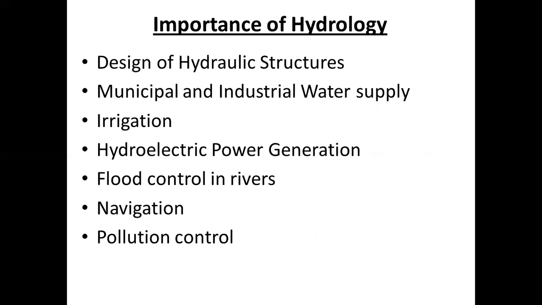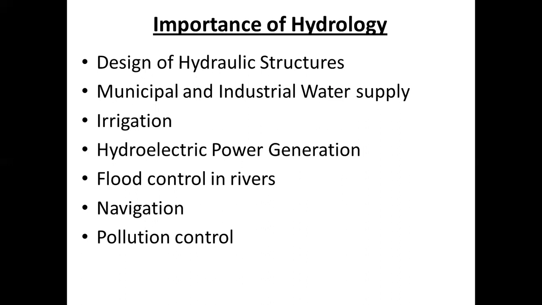So hydrology has various aspects. Okay, so the first aspect includes design of hydraulic structures. Structures such as bridges, dams, spillways, and all, they are in contact with water. So accurate predictions are necessary for their proper functioning. Due to a storm, the flow below a bridge has to be properly predicted. Improper prediction may cause failure of the complete structure.